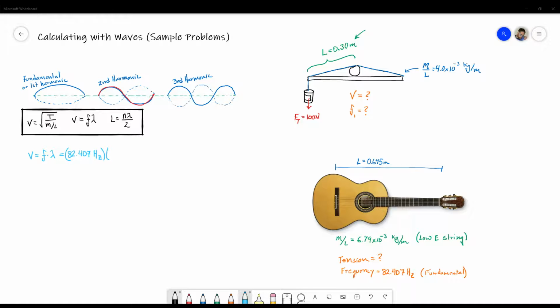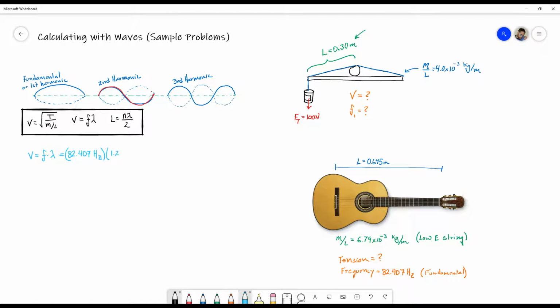And I'll do 0.645, and I'll multiply that times 2, which gives me an actual wavelength of 1.29 meters. So even though my neck isn't 1.29 meters, the full wavelength of that fundamental vibration is 1.29 meters. So to solve now for velocity, I'm just going to multiply those two things together.